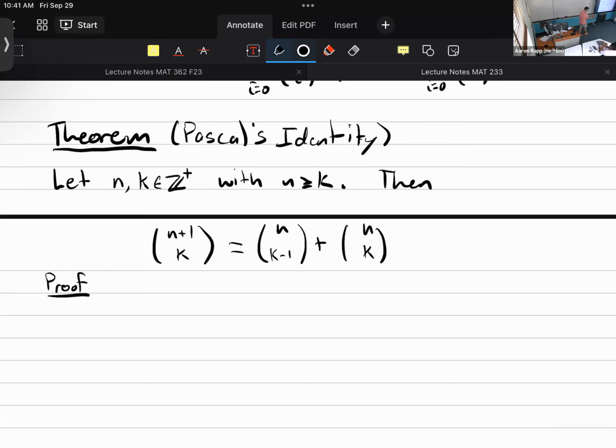So I want to choose k objects from n plus 1 distinct objects. That's the same thing as choosing k minus 1 objects from n objects, adding it to the number of choices I get choosing k objects from n objects as well.